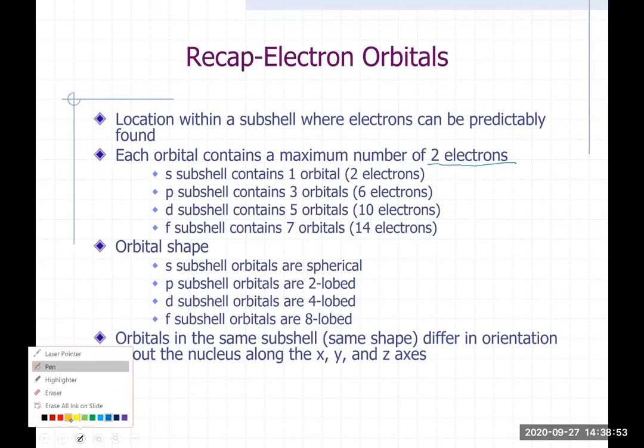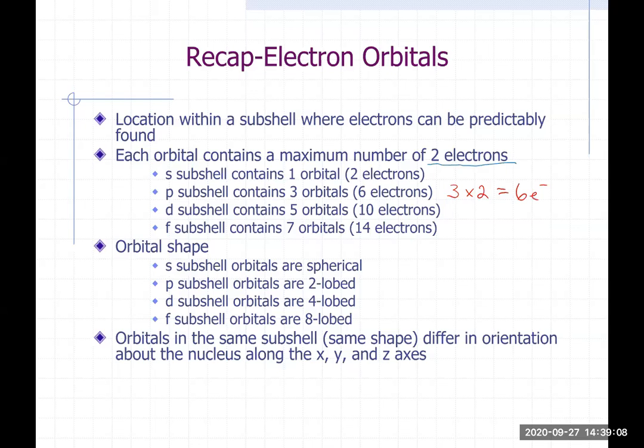In the P subshell, we have 3 orbitals. That means we're going to have a maximum of 3 orbitals times 2 maximal electrons per orbital, which gives us 6 electrons maximum in the P subshell.